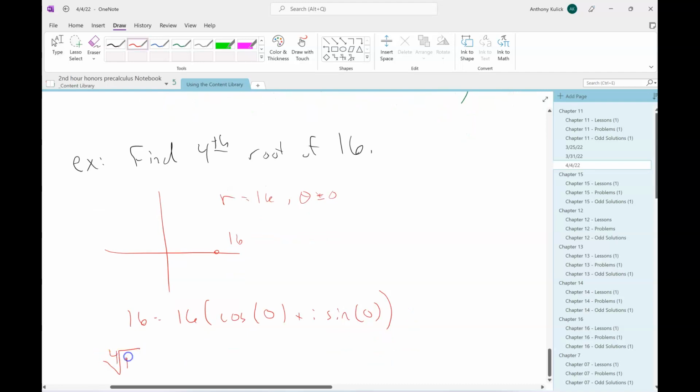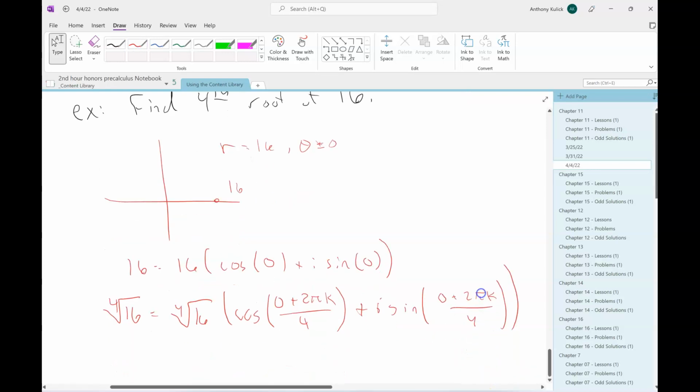So the fourth root of 16 is equal to the fourth root of 16 times cosine of 0 plus, we'll do it in radians this time, 2 pi k over 4 plus I sine 0 plus 2 pi k over 4, where k is equal to 0, 1, 2, and 3.